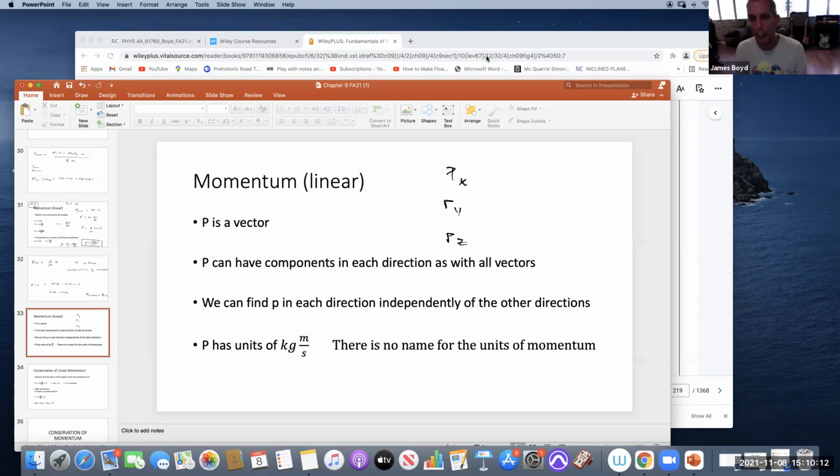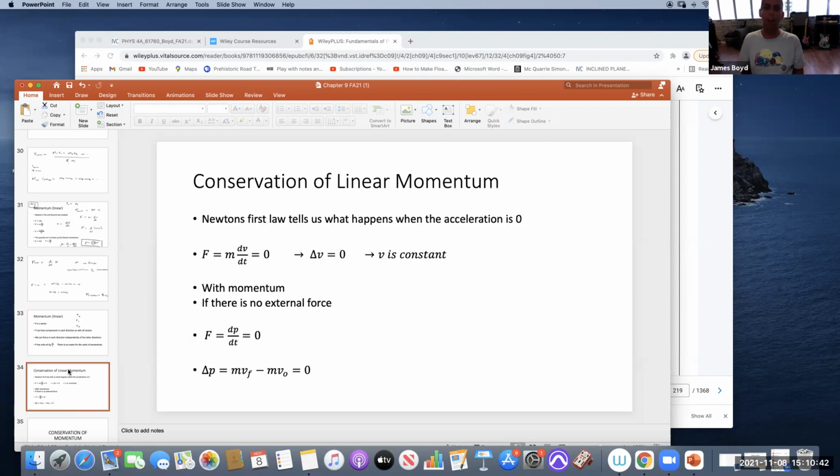And it can have it in all different directions at the same time. It could be doing some weird circular thing where it's got some momentum in the X and Y and Z. Nice thing is we can handle all of them independently. They are all independent of each other. And then finally, momentum is kilogram meters per second. It has no name, so we never talk about some weird unit of momentum.